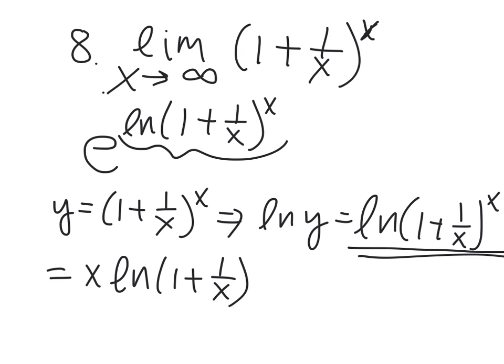And then as x approaches infinity, well, here we'll have infinity times 0. Another indeterminate form, but still not a form we can use L'Hopital's rule. What do we need to do to change it to where we can use L'Hopital's rule?